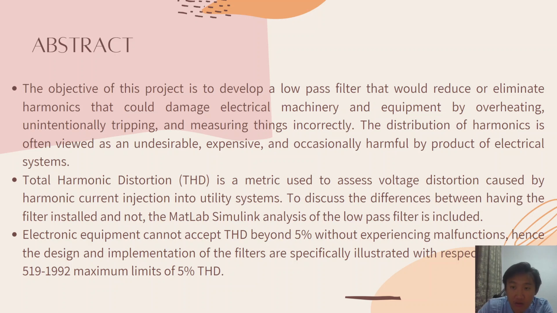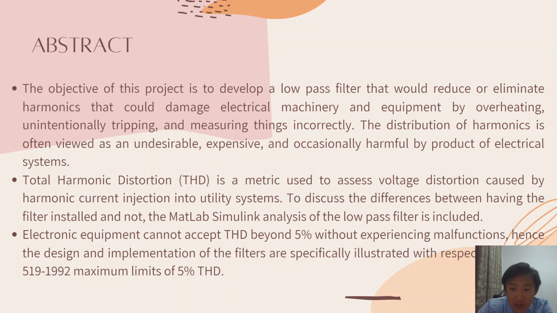The distribution of harmonics is often viewed as an undesirable, expensive, and occasionally harmful byproduct of electrical systems. The THD is a metric used to assess voltage distortion caused by harmonic current injection by utility systems.